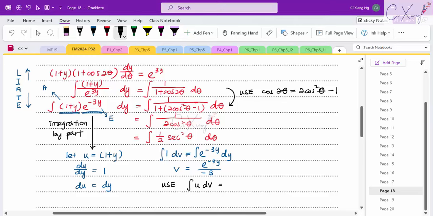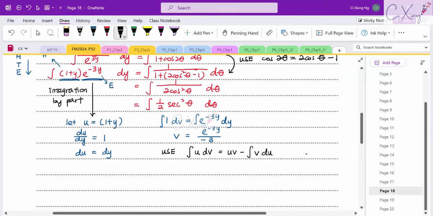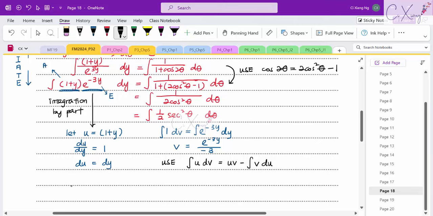So we are using the formula: integration of u dv equals uv minus integrate of v du. Again, this is my question and this is the result that I want to substitute in. So my left hand side starts with uv minus integrate of v du.